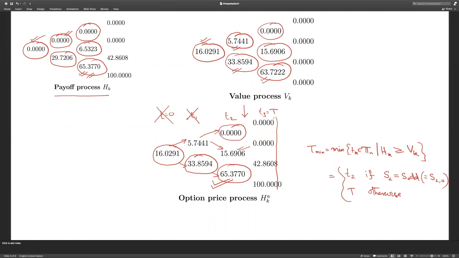Say for instance at T1, if any one of these is achieved through the payoff, then that also you have to write as T1 if S1 is something. And suppose it's a four-level tree and at T3 you got some cases, then you have to write T3 if S3 is something. Like that, you have to write the minimum time in that way.